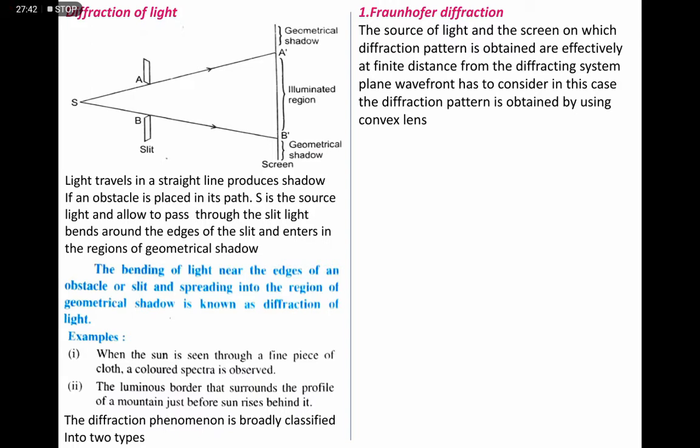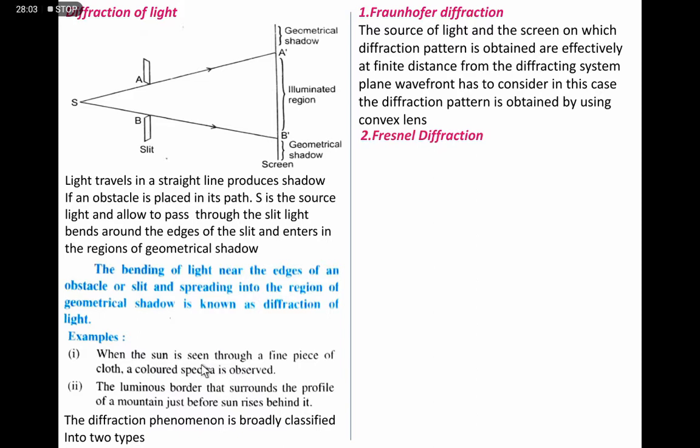The diffraction pattern is obtained by using a convex lens. Actually, here the screen and the source are at infinite distance, and the lens is used to get the diffraction pattern.